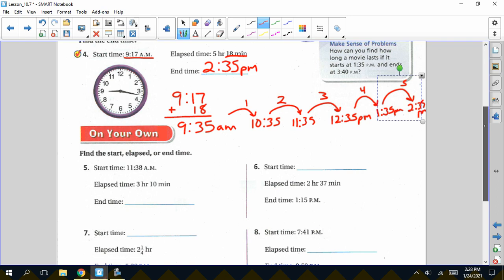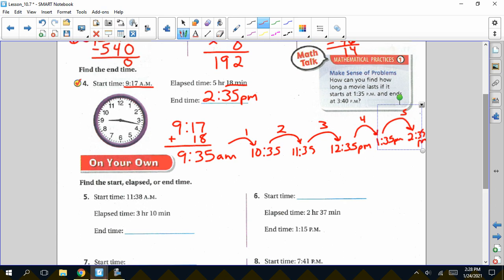We also could use addition in this case because we have our start time. So that would be 9:17. And we're going to add 5 hours and 18 minutes to that. If we add that, we're going to get 35 here. And 9 plus 5 is 14. But we can't have 14 o'clock. So remember, 14 changes when it hits the 12 here.